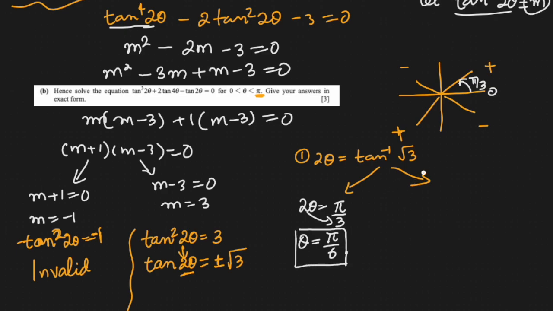Okay. Second, 2 theta equal to, in this quadrant, this will also be pi by 3, because here it is positive, right? We are talking about when square root 3 is positive. So it will be how much? Pi up to here. So from 0 we'll reach up to here, which is pi plus pi by 3.